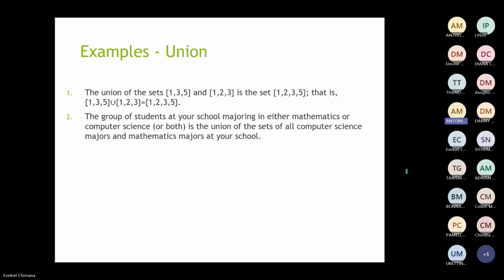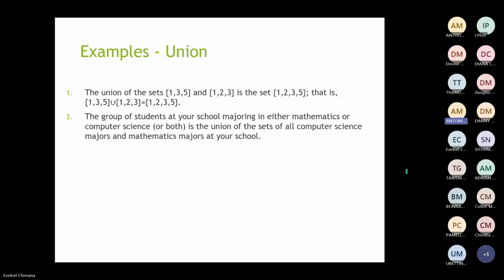Examples: union. The union of the sets {1, 3, 5} and {1, 2, 3} is the set {1, 2, 3, 5}. That is, {1, 3, 5} union {1, 2, 3} equals {1, 2, 3, 5}.